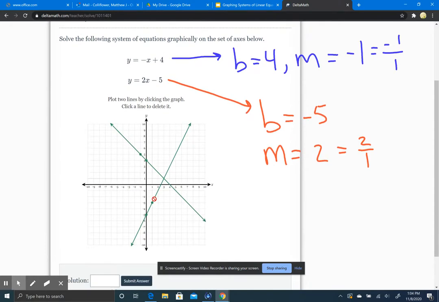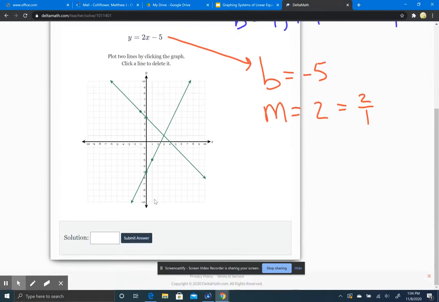And now I've graphed both lines, and I can find the solution. And again, the solution is where these two lines intersect. It's a coordinate point. And so that coordinate point looks like it is 3, 1. And so that point is my solution to the system.